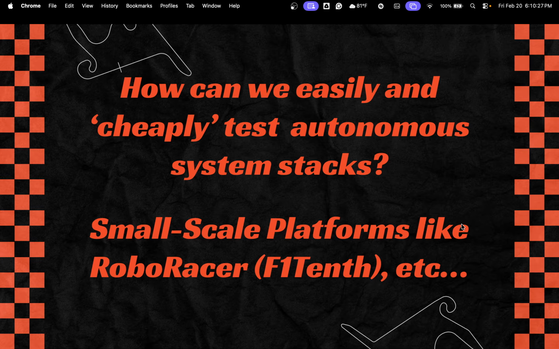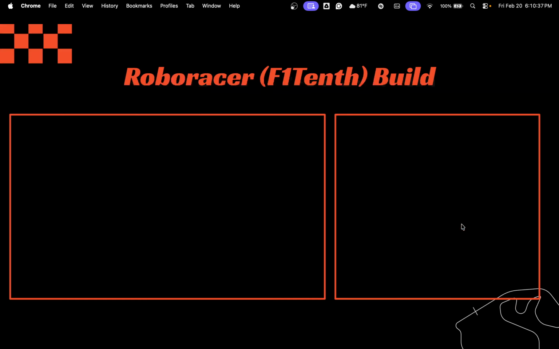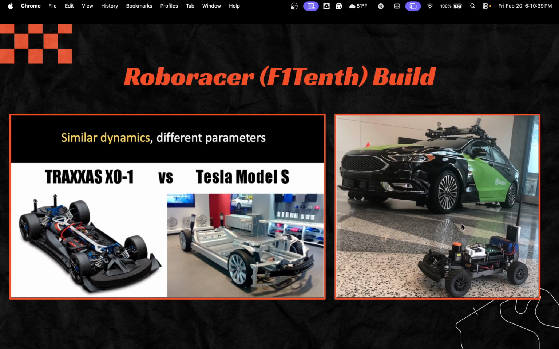It is a scaled model of an actual AV, autonomous vehicle. Most autonomous vehicles are built like this. As you can see, this is the chassis of a Tesla Model S, and this is the chassis of a Traxxas vehicle.